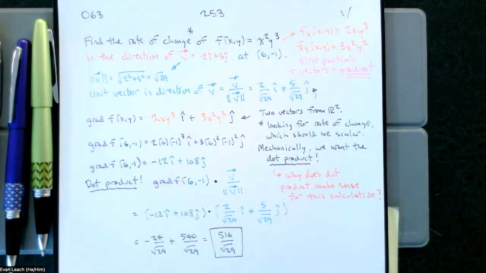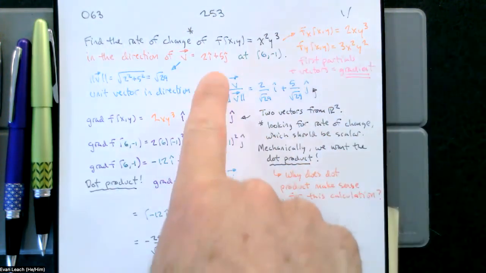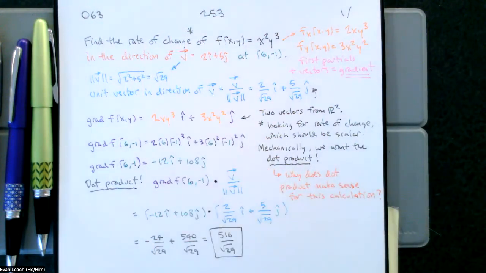We need to be able to interpret this scalar in the context of the problem. If we go in the direction of 2i plus 5j, this is how much the function is going to increase, approximately. This is the slope of a line tangent to this surface in this direction.